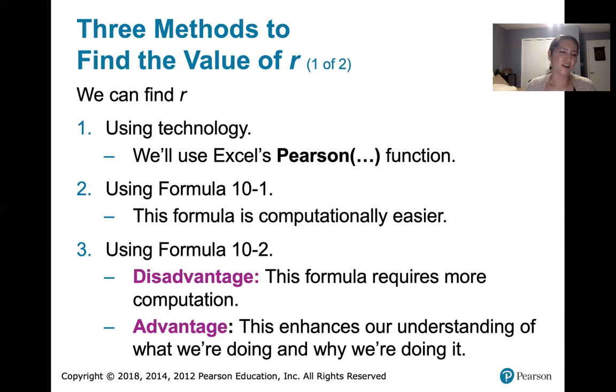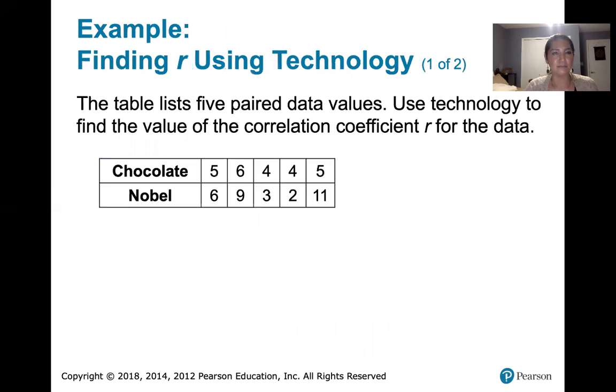And then we take those products and we add them together and we divide by the sample size minus 1. And that gives us an accurate measure of the strength of that relationship between X and Y. So you can use formula 10(2) if you want to emphasize what it is you're doing and why you're doing it. So we're going to use technology in this first example.